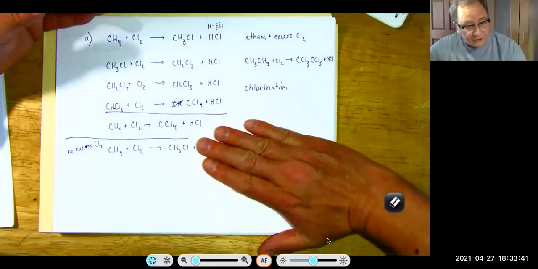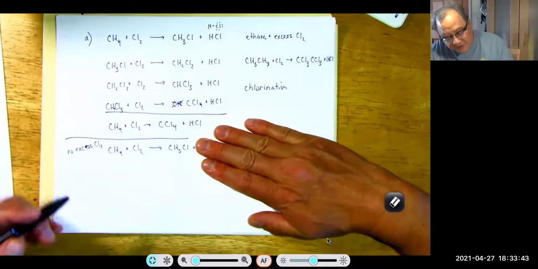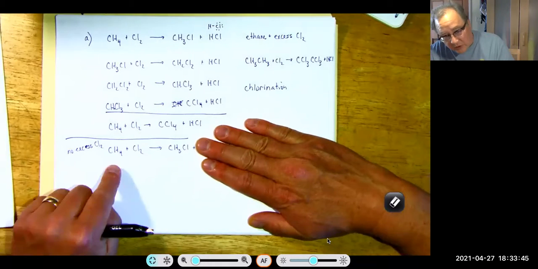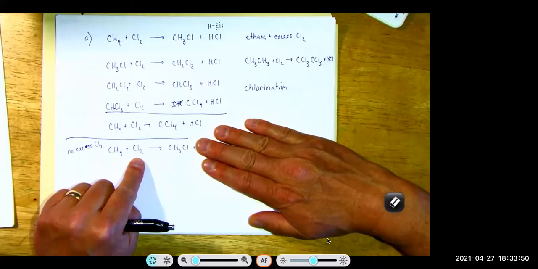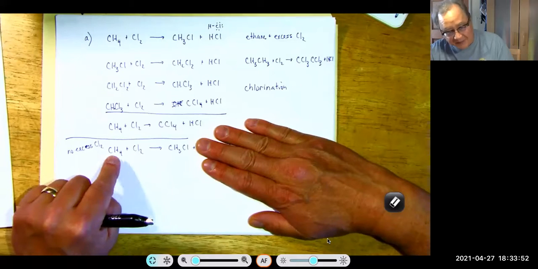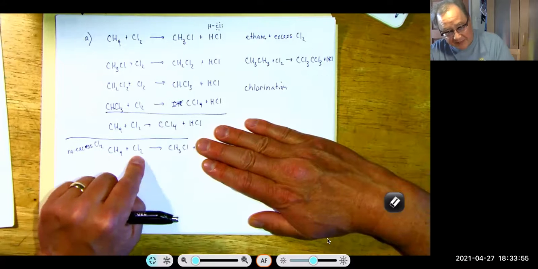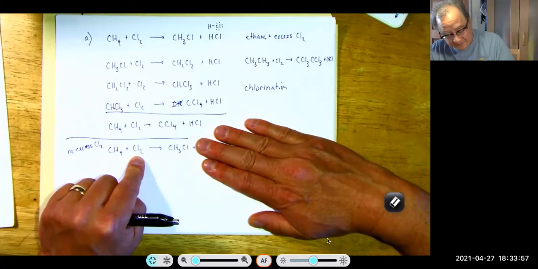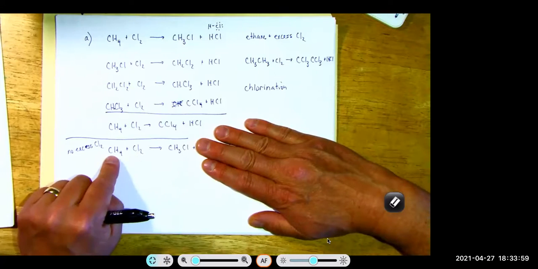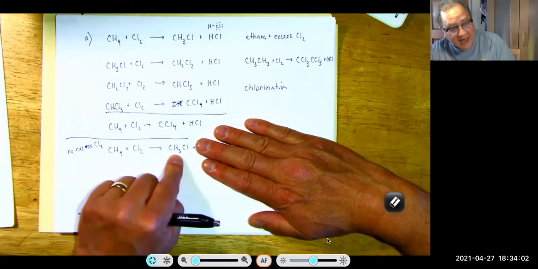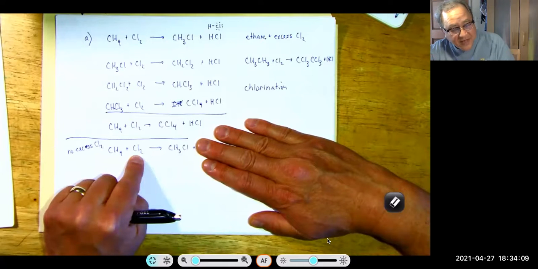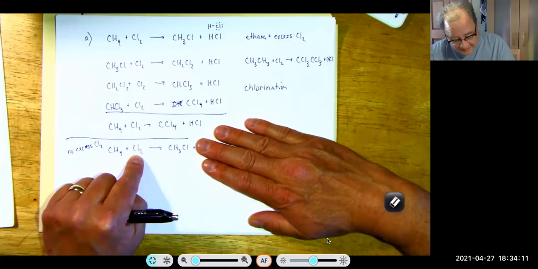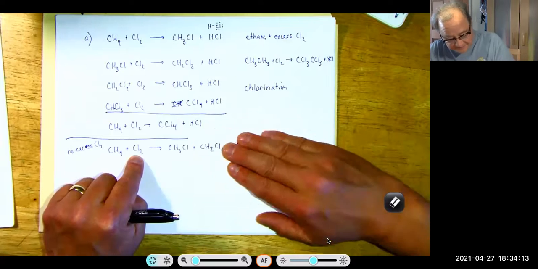That's for absolute sure. But when we do these reactions, is there really only one of these and only one of these? No. The answer is no. There are billions and billions of these and billions and billions of these, right? So you could have 500 million react and make 500 million of that. Now this 500 million can react with the other half of the chlorine that hasn't reacted and make that.